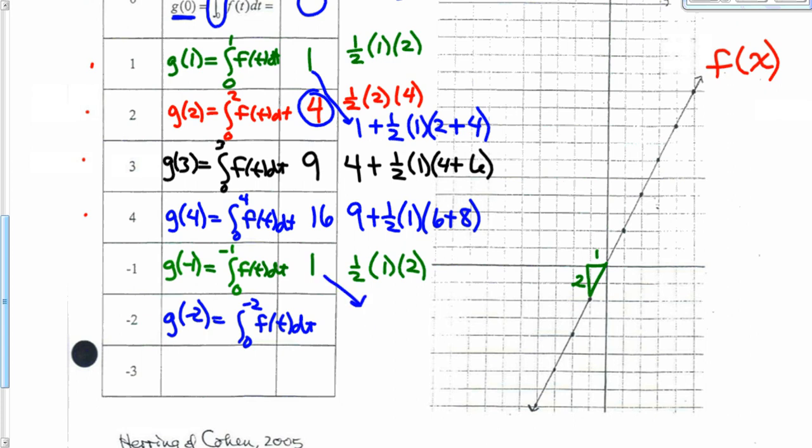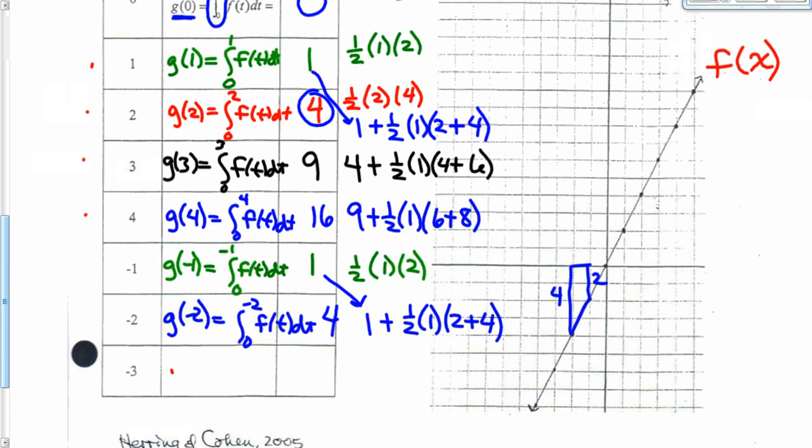So I start with the 1, and I add the area of this trapezoidal region right here. That's 1/2, the height is 1, base 1 is 2, and base 2 is 4. So that is 1/2 of 6, which is 3, so this value is 4.